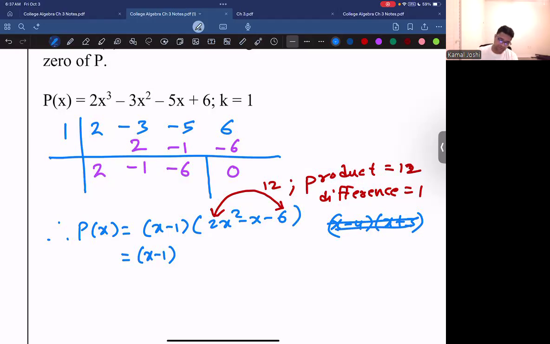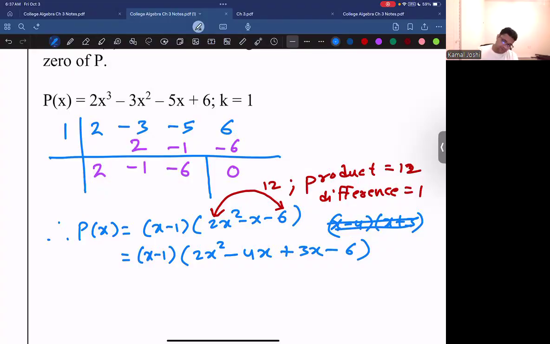What you have to do instead is write 2x squared, and the numbers are 4 and 3. You know it is negative 4 and positive 3 because the middle term is minus x. So write negative 4x plus 3x minus 6. That is splitting the middle term by knowing the product and the difference.